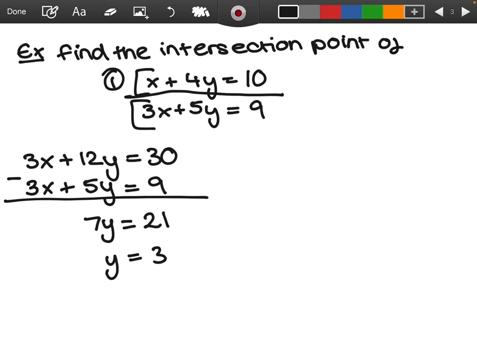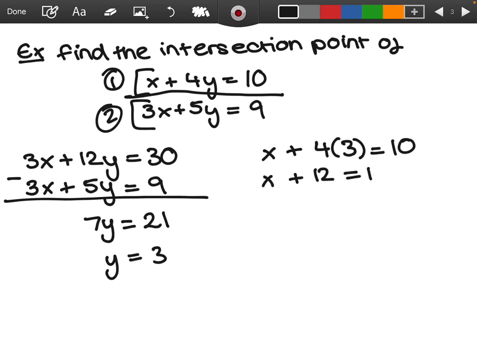Now we've got our y value, I'm just going to plug that into one of these equations and solve for x. Again, you can plug it into whichever equation you like, it doesn't matter. You can plug it into the first or the second equation, you should end up with the same x value regardless. So if I do that, I'll plug it into the first equation. I get x plus 4 multiplied by 3 is equal to 10.